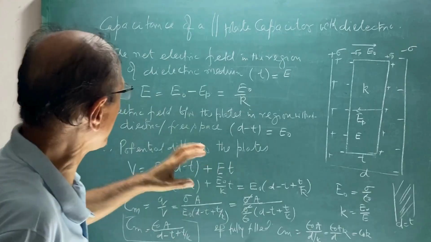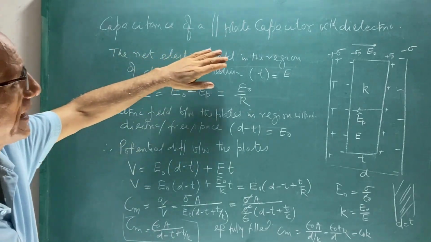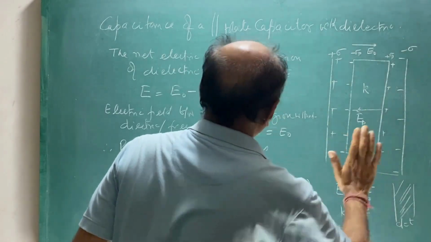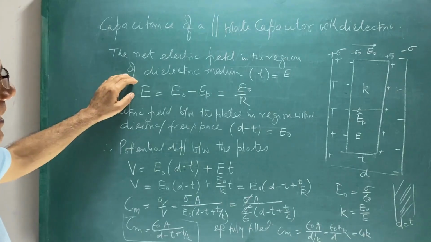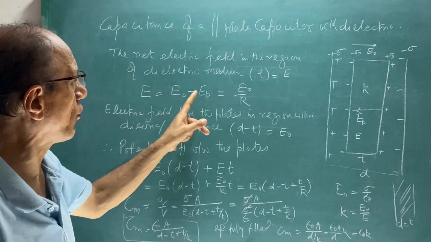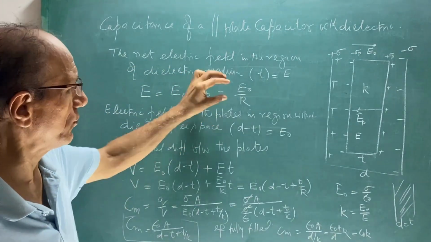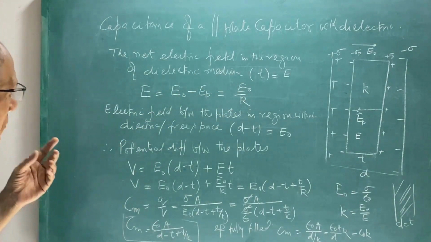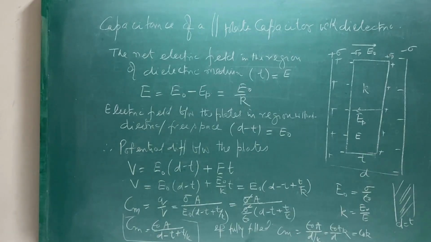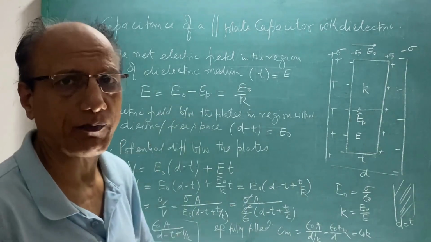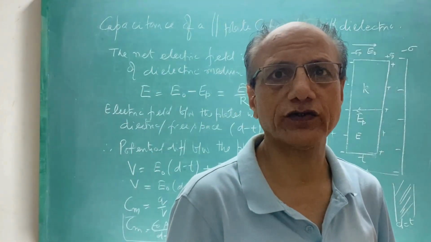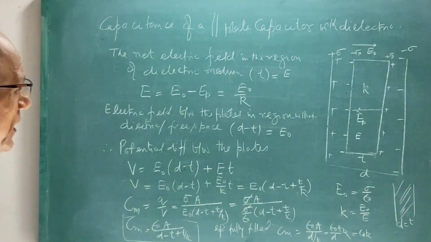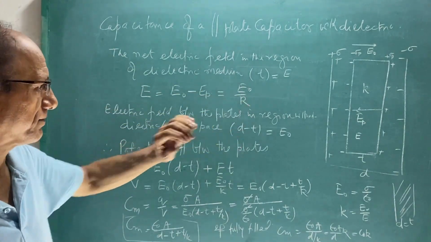So the net electric field in the region of the dielectric, only this region, will be how much? That will be E equals E naught minus EP, and that is equal to E naught by K, because in the medium we have already studied in case of Coulomb's law, F naught upon F is always equal to K. Similarly, E naught upon E is always equal to K. So E equals E naught by K.